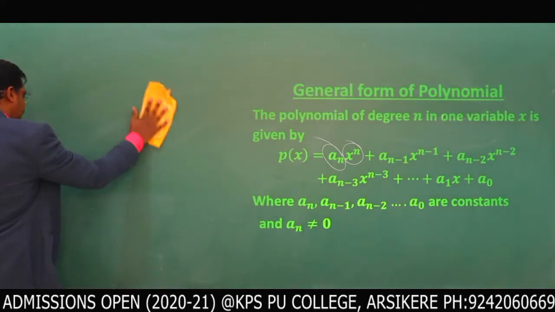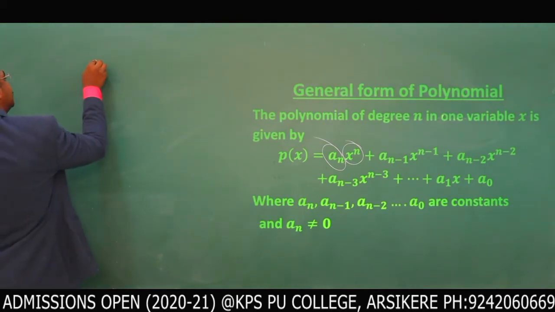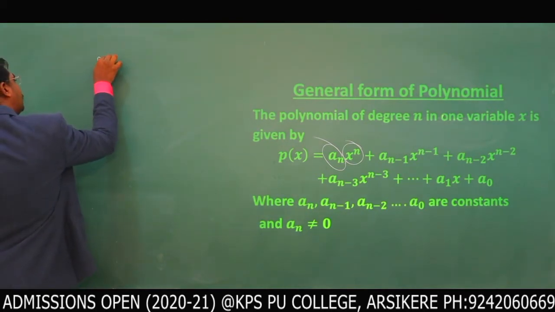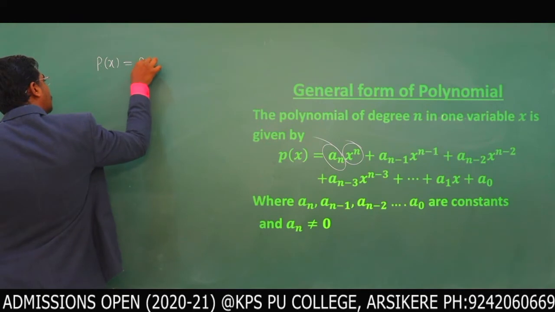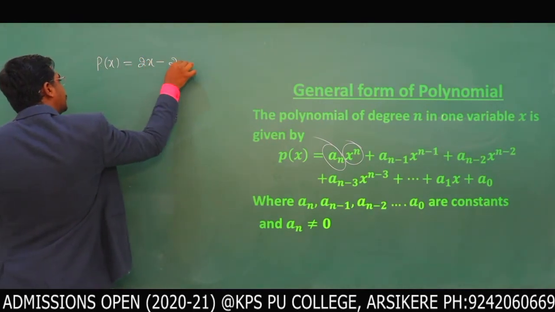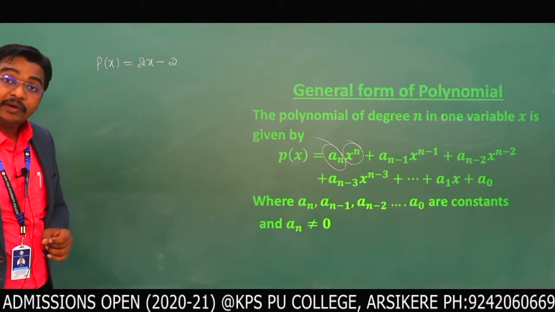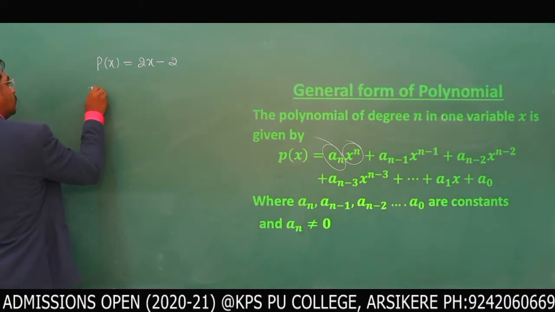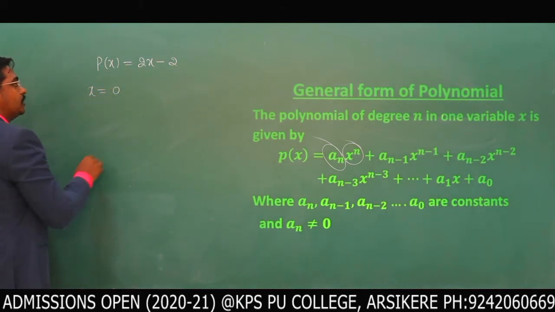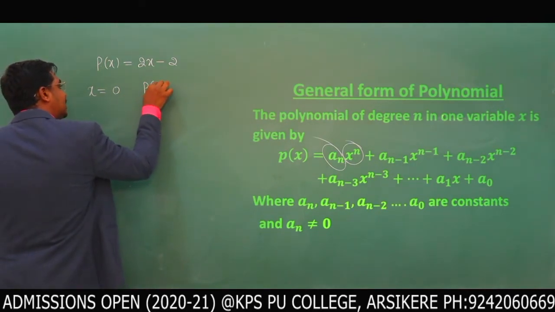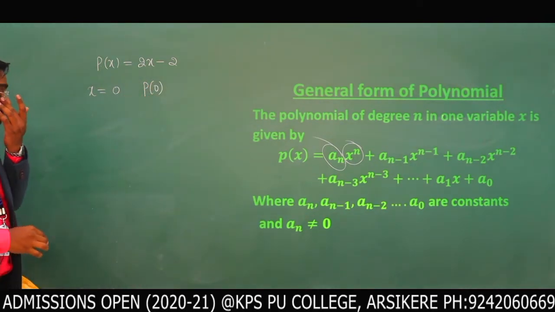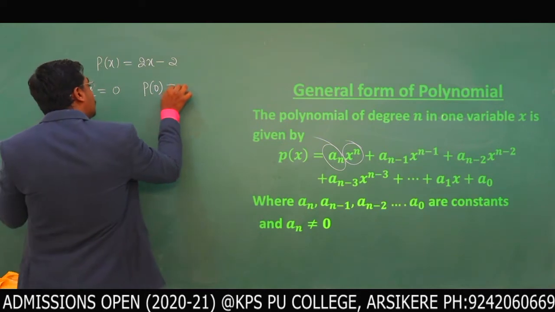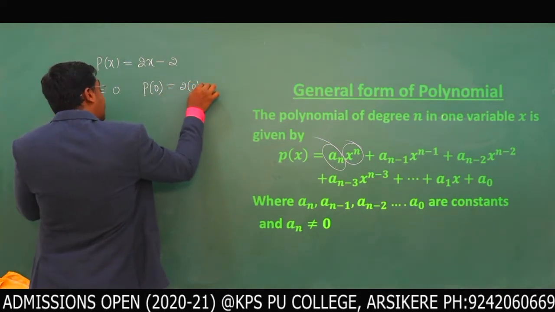Let us discuss. Look here, take an example: p of x is equal to 2x minus 2. So I will substitute x is equal to 0. So what is here? p of 0. In the place of x, I will substitute 0. So p of 0 is equal to 2 into 0 minus 2.